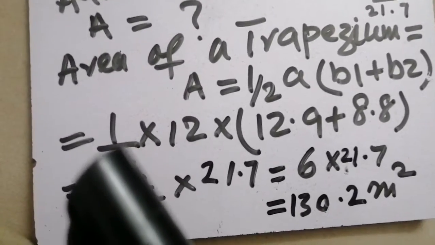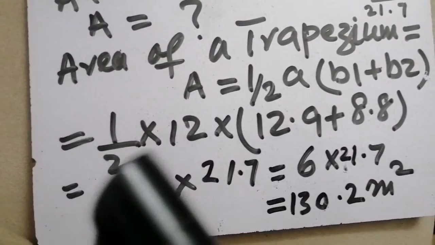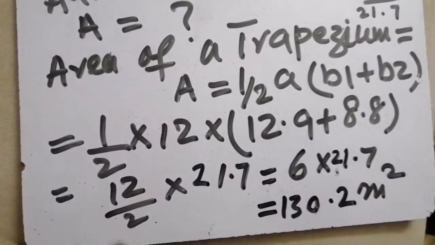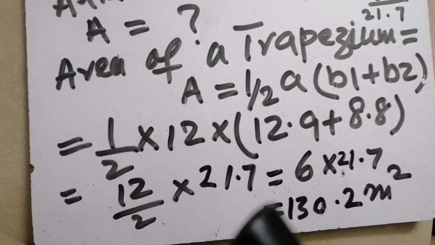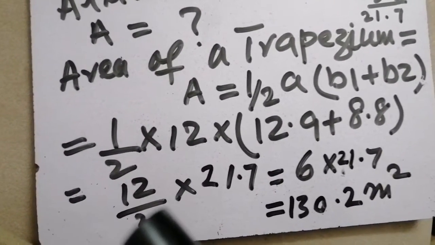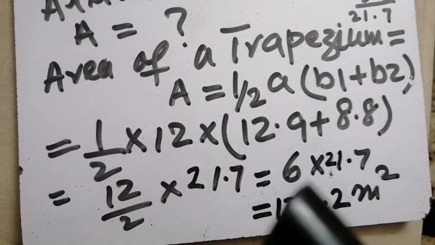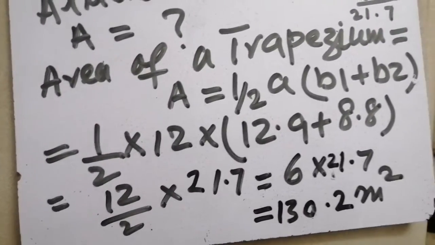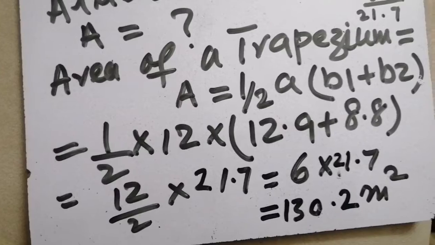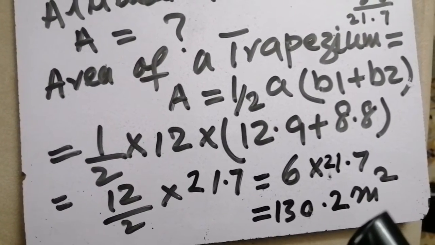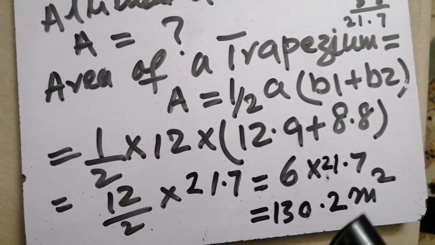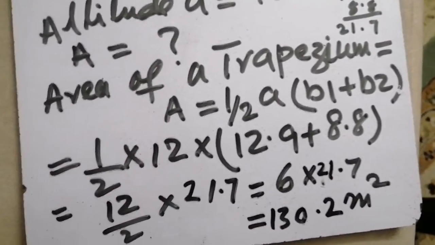Then 2 sixes are 12, so we can write 12 by 2, which is 6, multiplied by 21.7, and the answer becomes 130.2 meters square. So this is the area of the trapezium we have calculated.